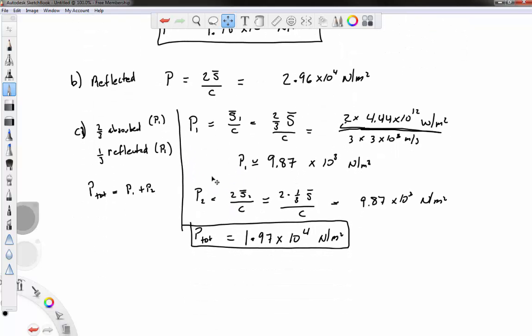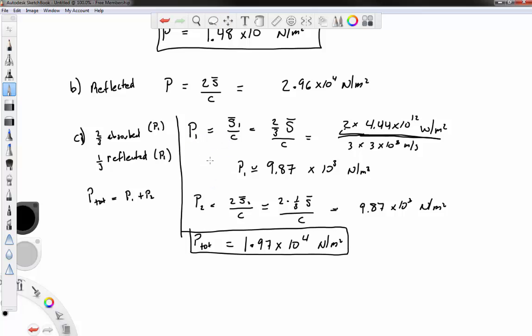The other way to approach this would be to say, instead of having 2/3 absorbed and 1/3 reflected, what if 2/3 is truly transmitted, so no absorption, no reflection, and 1/3 is reflected?